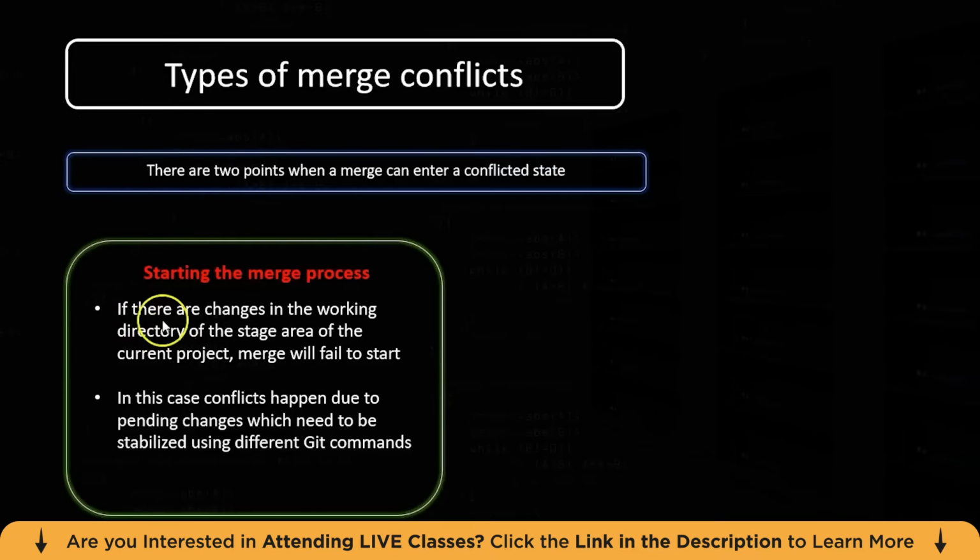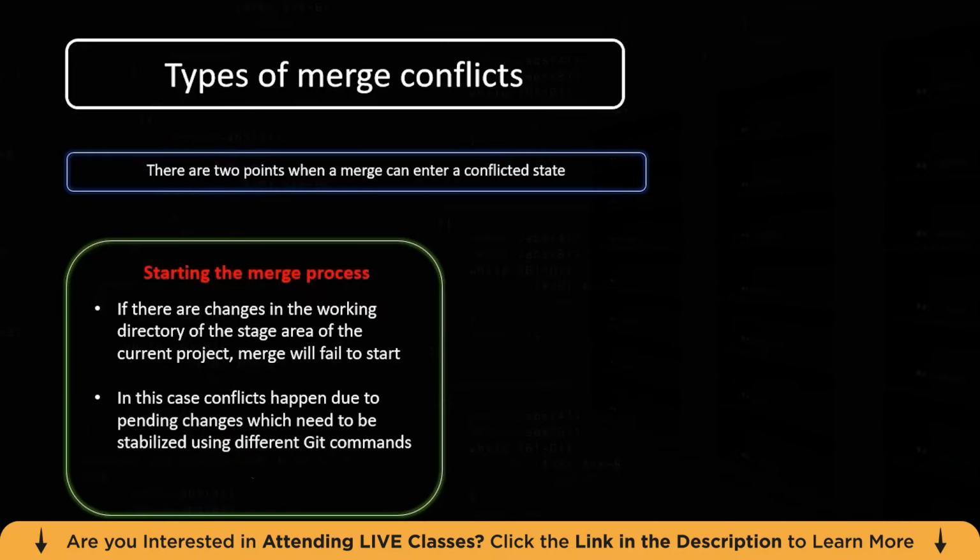If at any moment there are changes in the working directory that are being moved to the staging area of the current project, then during the merge activity itself the merge will fail, because there are some modifications right now present in the working area. So in this case, conflicts happen due to pending changes.